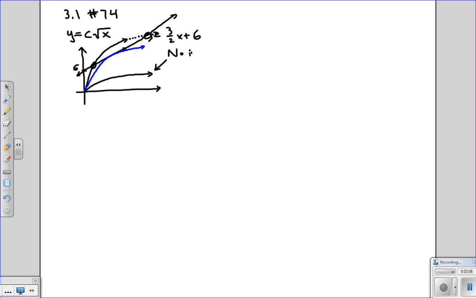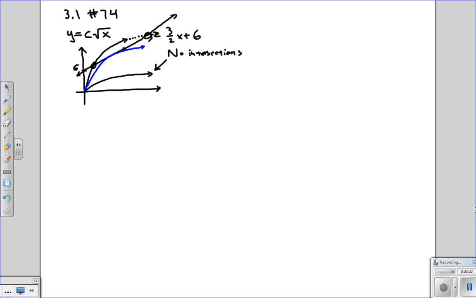This has no intersections. So the blue one is the unique one where this function, c times square root of x, intersects the line 3/2 x plus 6 exactly once.